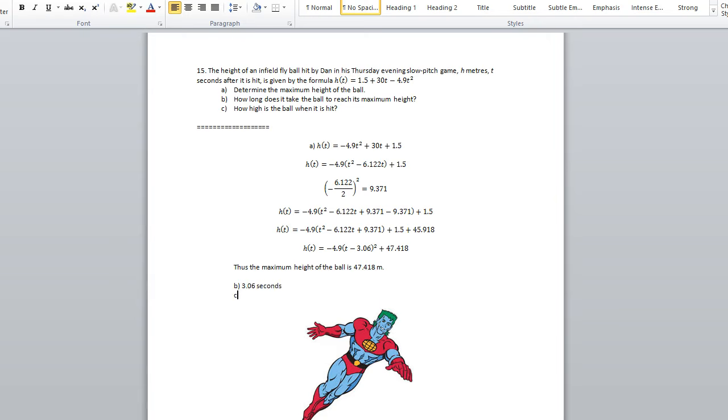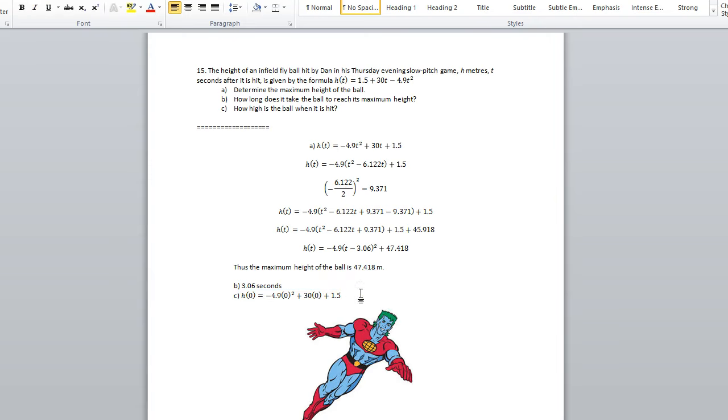And lastly, for C, it says, how high is the ball when it was hit? That's just going to simply be asking us for h of 0. So we need to take a look at the original equation here, and we're just plugging in 0 for t. It's generally just the last term if it's in standard form because the other ones have variables attached to them, but I'll just show you guys the technical step. For a question like this, you wouldn't even have to show your work because it's usually only going to be worth 1 mark.